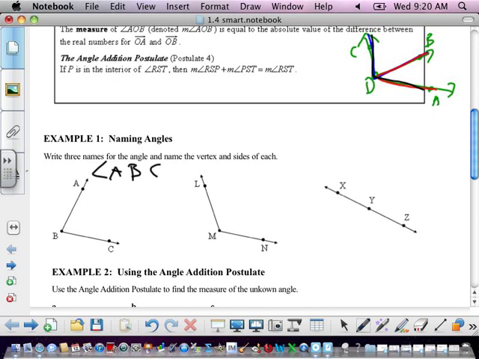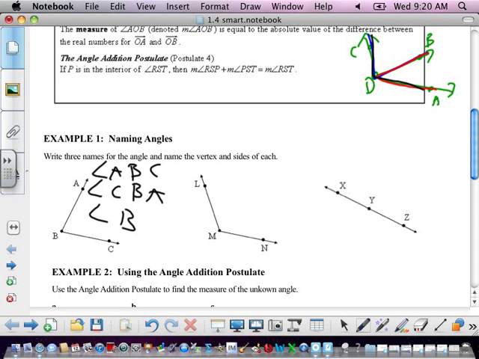We can also call this angle CBA. In very rare occasions, we could just call this angle B. Notice what is always in the center of all of them: B. The vertex has to be in the middle. If the vertex is not in the middle, I don't know what you're talking about.